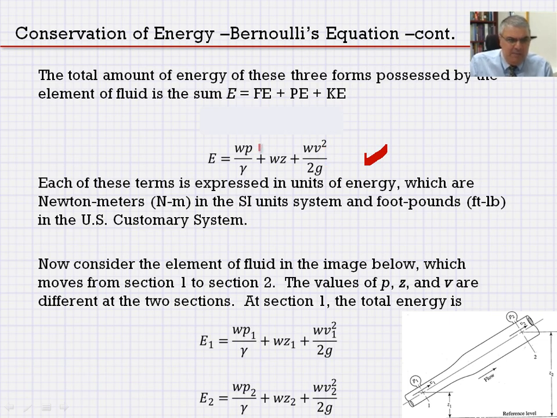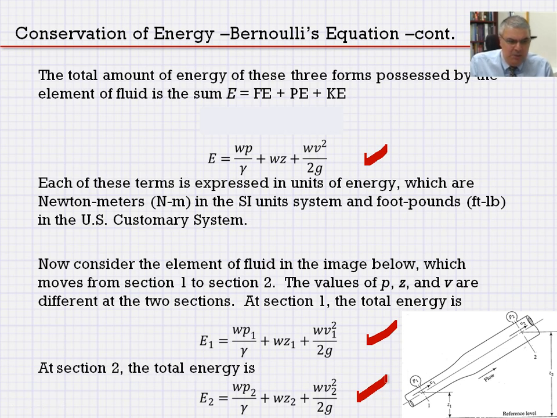So the differences would be P1, Z1, and V sub 1. And at point 2, again, I'm going to substitute the pressure at point 2, Z of point 2, and the velocity of point 2. So E sub 1 at point 1 would be this term here that I'm check marking, and at point 2, E2 would be the energy.